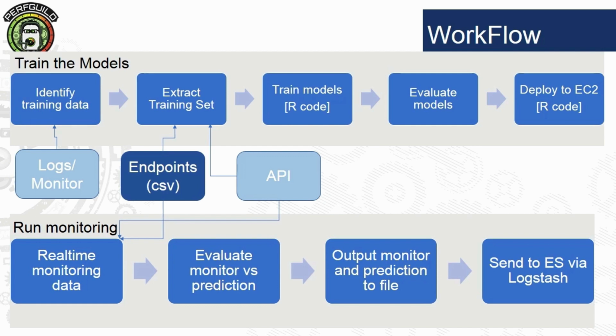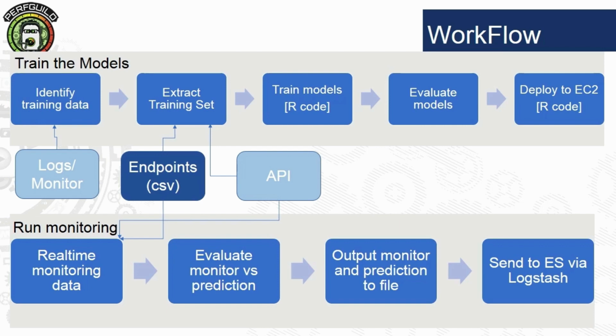Well, my APM tool or my monitoring tool is going to be recording what the actual loads are at any instance, as well as measuring what the response time is. So I'm going to take those loads as measured by the monitoring tool, and I'm going to feed that into my model. And based on that, it is going to make a prediction of what the response time should be.